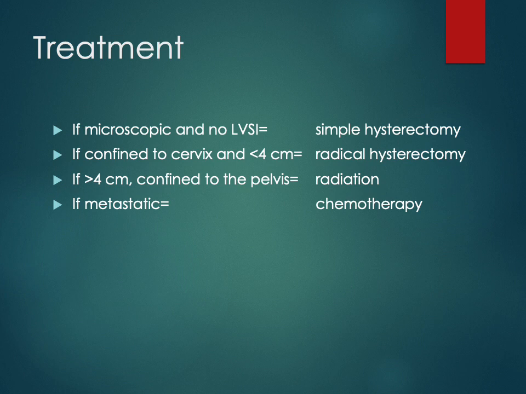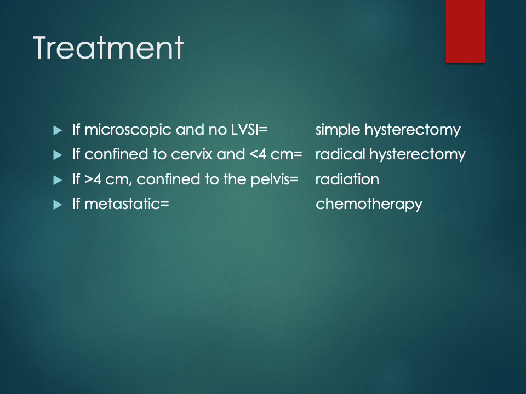So treatment, this is really simplified, but if it's microscopic, so 1A1, less than 3 millimeters of invasion and no lymphovascular space invasion, in this select population, a simple hysterectomy is acceptable because the risk of disease beyond the cervix is very, very low.